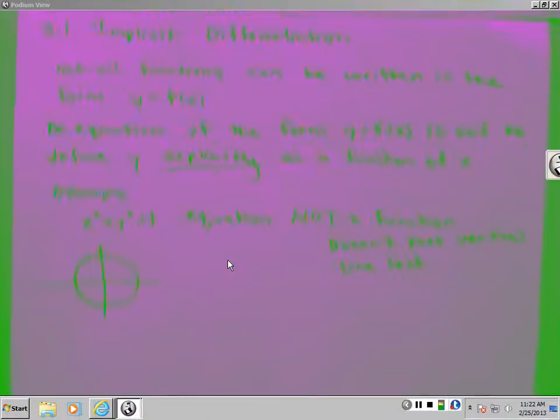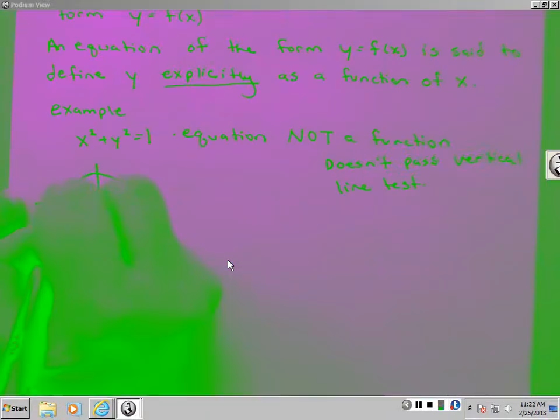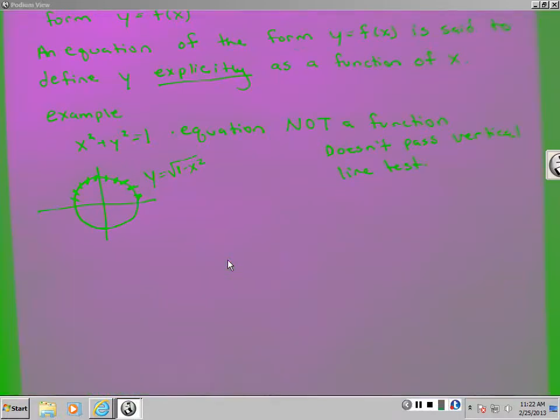If I solve for y, then this top part would be y equals the square root of 1 minus x squared, right? This bottom part would be y equals minus the square root of 1 minus x squared. Okay.